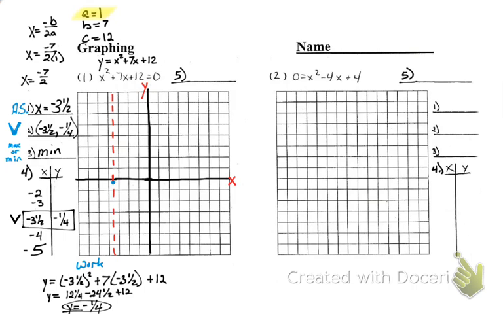So again, I'm going to come down here to my workspace, and I'm going to plug in negative 3. So this is for the t-chart. So I'm going to say y equals negative 3 squared plus 7 times negative 3 plus 12. And negative 3 squared is 9. 7 times negative 3 is negative 21, plus 12.